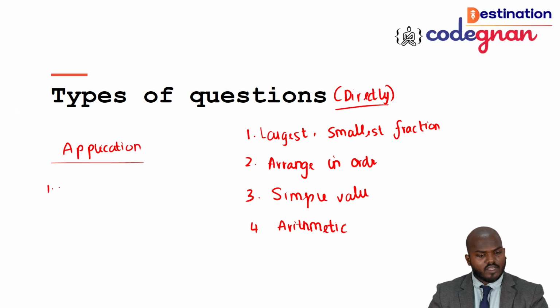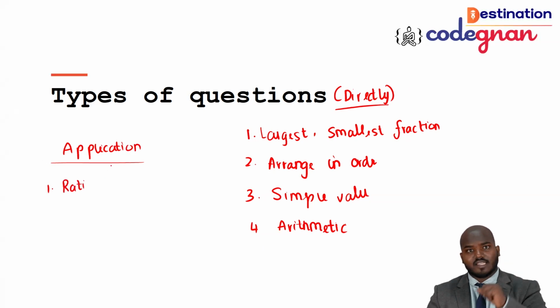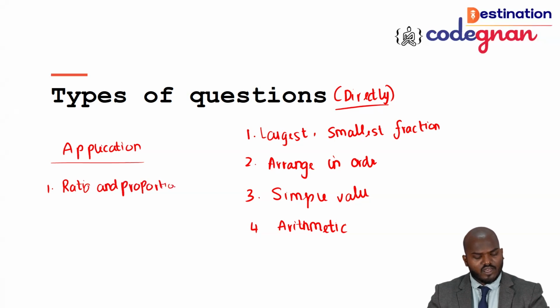One thing is ratio and proportion. Ratio and proportion is not a single topic; under ratio and proportion we have some applications as well, so you must understand that. That is one of the methods. The next one is permutation, where fraction is also a very important parameter.